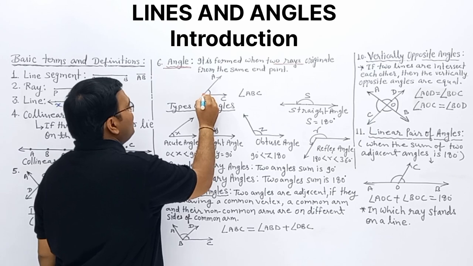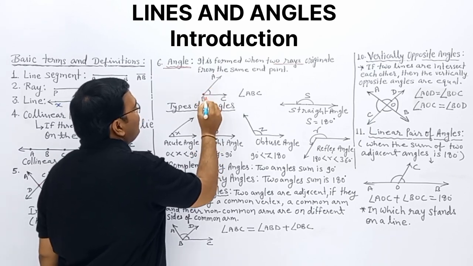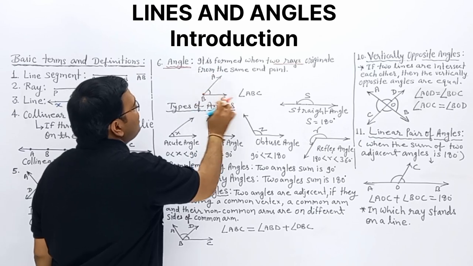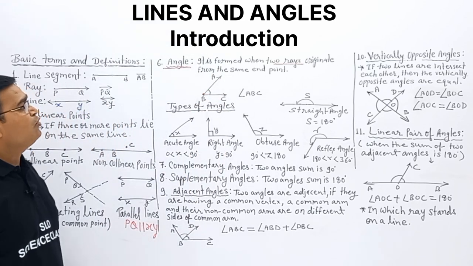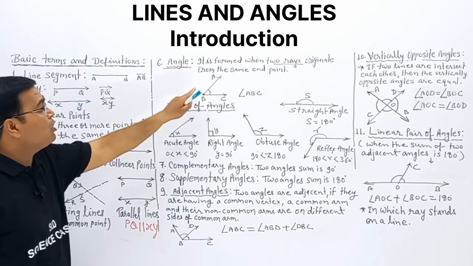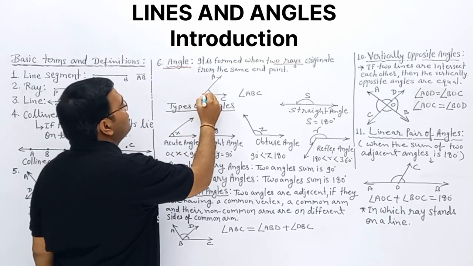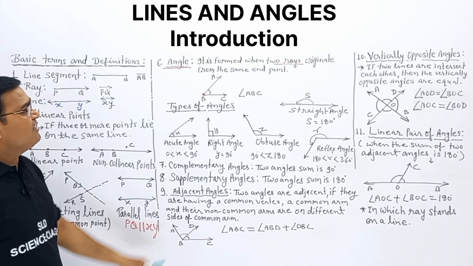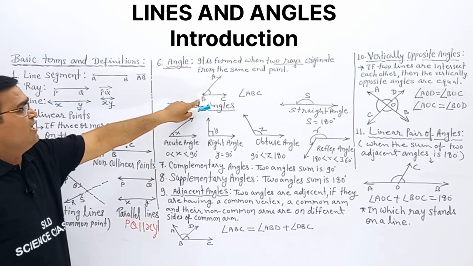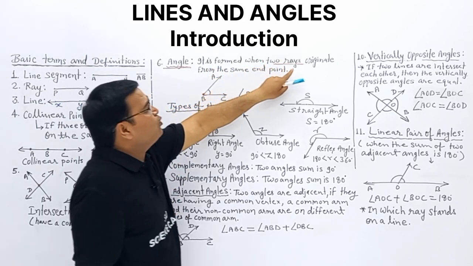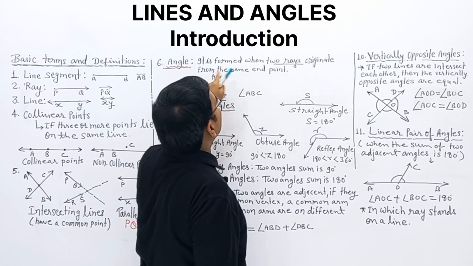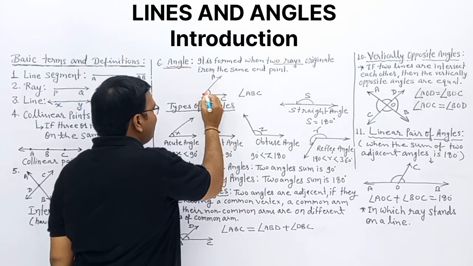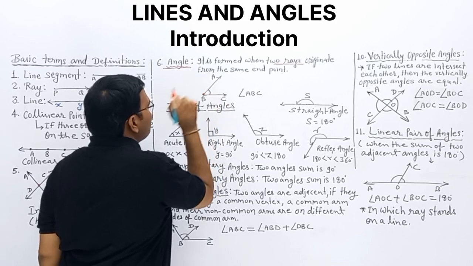Observe. Already we studied rays. A ray has one end point. Like observe, BA and BC are two rays, and both rays are originating from B. This ray and this ray both are originating from B. This ray has its endpoint here, and for this ray the endpoint is here.